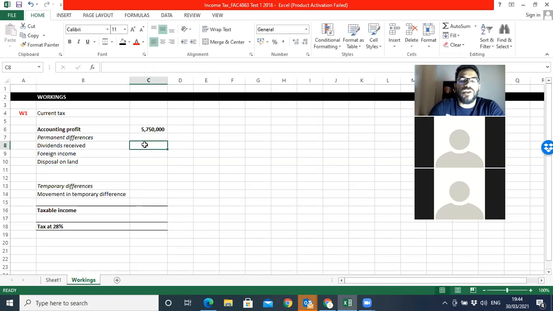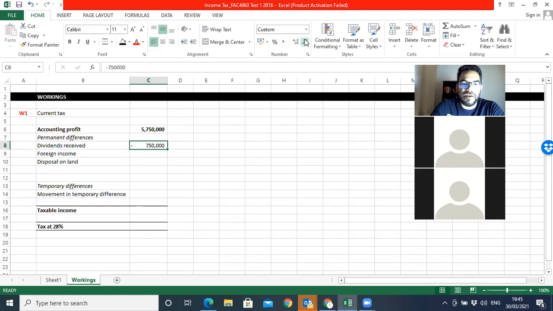Included in accounting profit is 75,000 Rand dividends received. Because it's income in accounting, the dividends received increased accounting profit. From SARS's point of view, they don't want it over there. So therefore, we need to remove it. The way we remove it is by subtracting. So we need to reduce accounting profit.